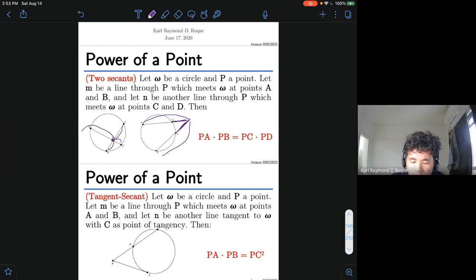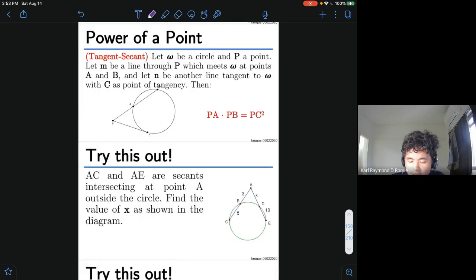Kung nasa loob yung point, kung saan man siya dinidivide, yung dinidivide ng segments, equal yung product. Kung nasa labas man siya, yung part times the whole equals part times the whole. Yan yung kalalabasan.